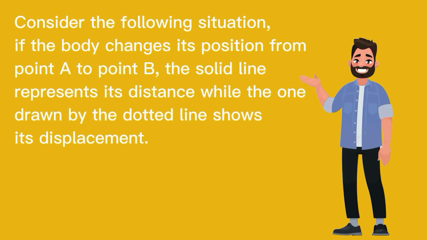Consider the following situation. If the body changes its position from point A to point B, then the solid line represents its distance, while the one drawn by the dotted line is its displacement.